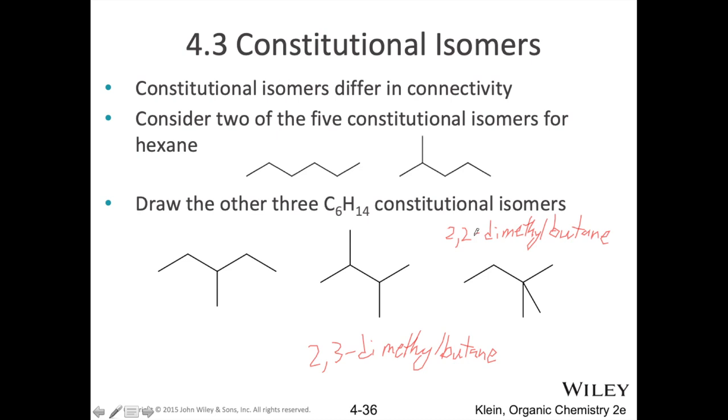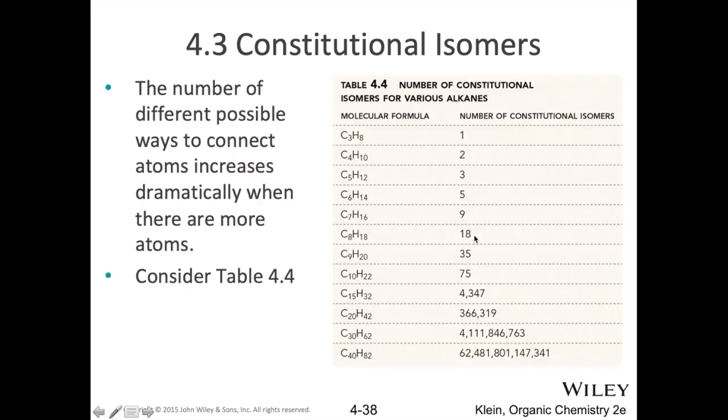And again, that's how you can tell that these are 5 different isomers. If you at any point got the same name for something that you'd already written down, you'd quickly realize, hopefully, that you just drew the same molecule in a different conformation. All right. As you can see, the number of carbons you have to play around with greatly increases the number of possibilities.